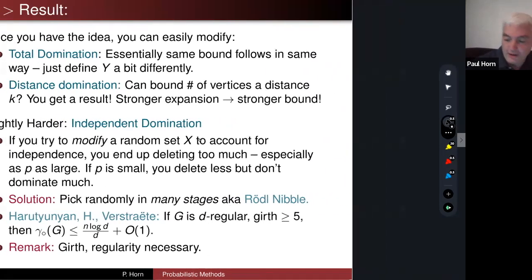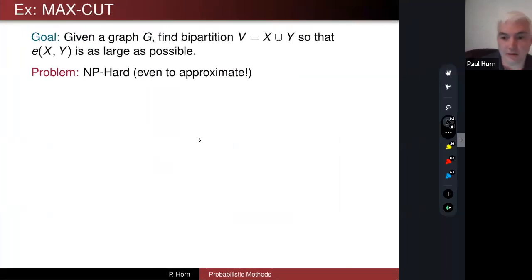Let me give you another example along these lines and look at the max cut problem. So the goal is, I have a graph, and I want to partition my graph into 2 parts so that as many edges go across the cut as possible.